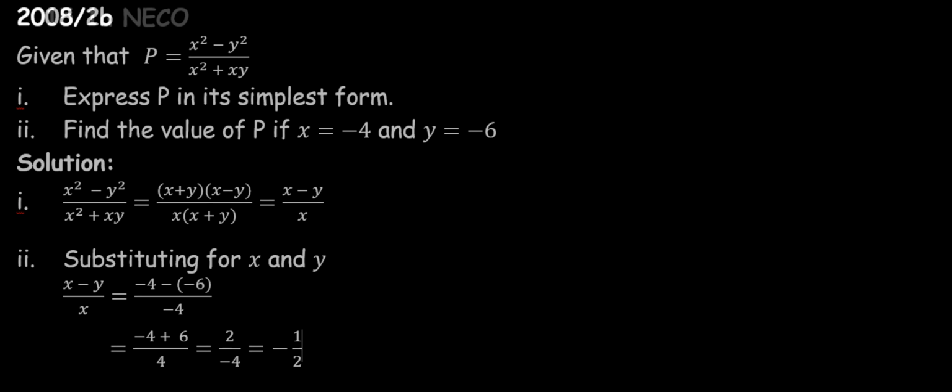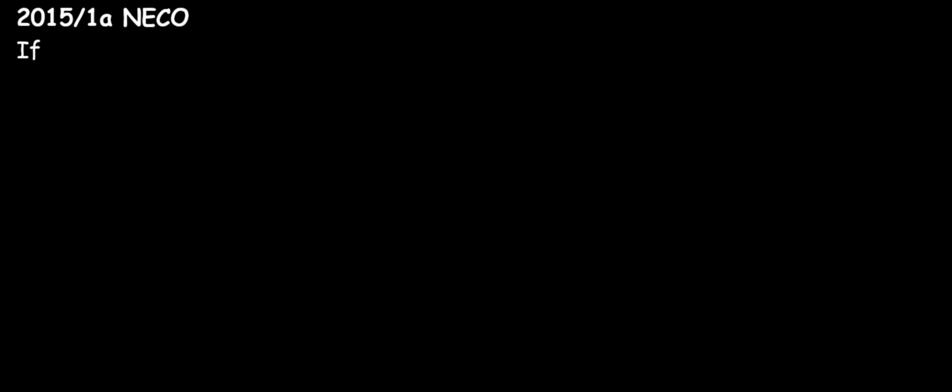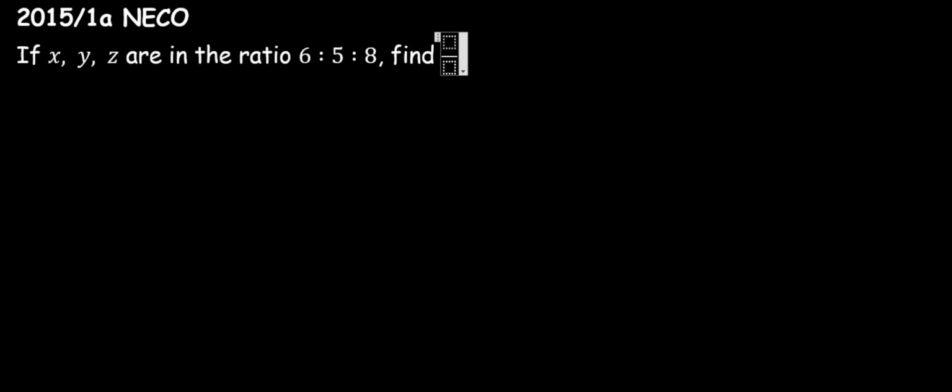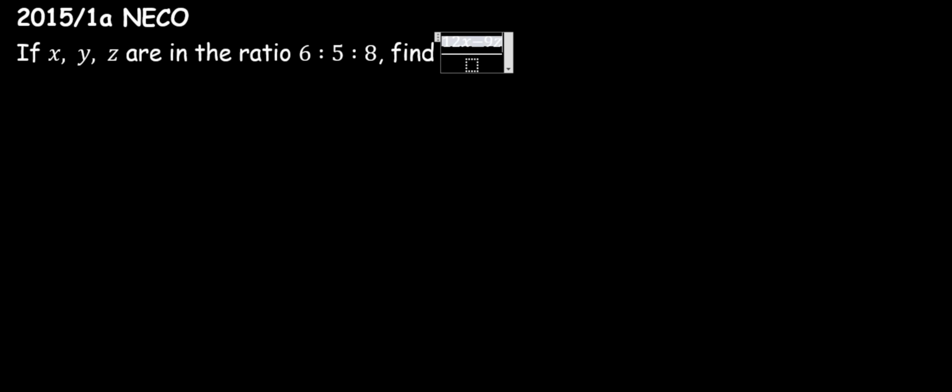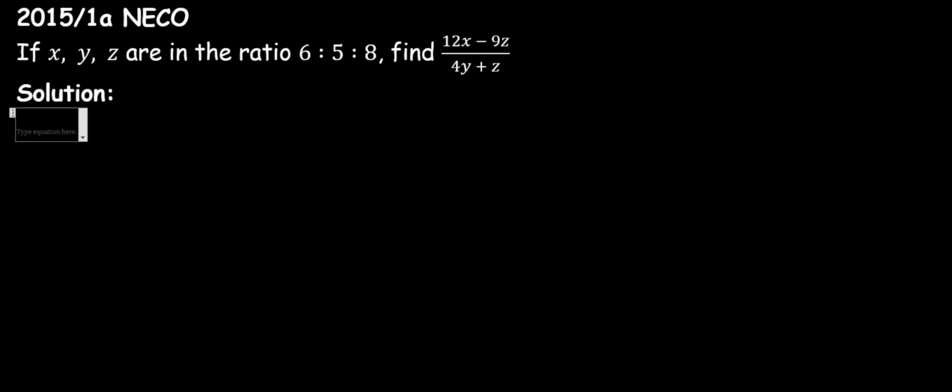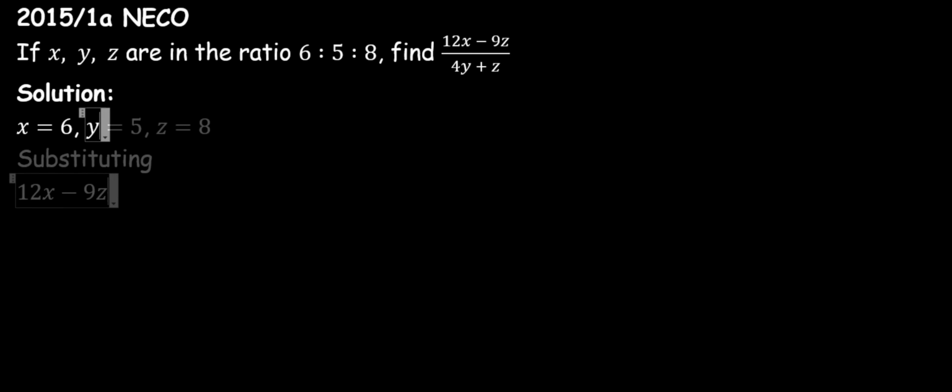Another example. If x, y, z are in the ratio 6, 5, and 8, find 12x minus 9z divided by 4y plus z. Solution. From the question, it implies that x is equal to 6, y is equal to 5, and z is equal to 8.